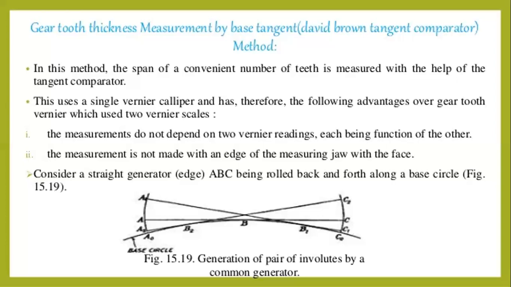So this method uses a single vernier caliper and has the following advantages over the gear tooth vernier, which uses two vernier scales. So the measurement does not depend on two vernier readings, each being a function of the other.